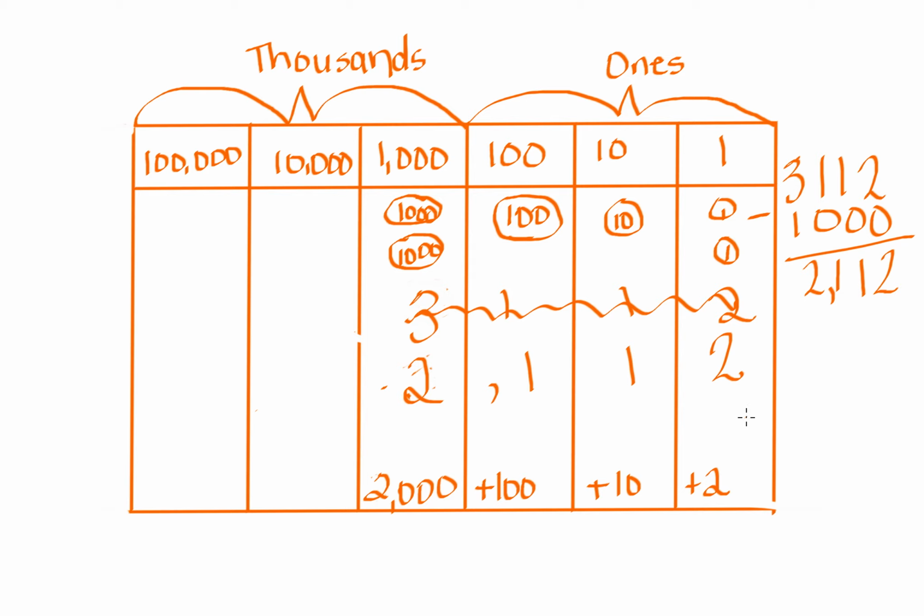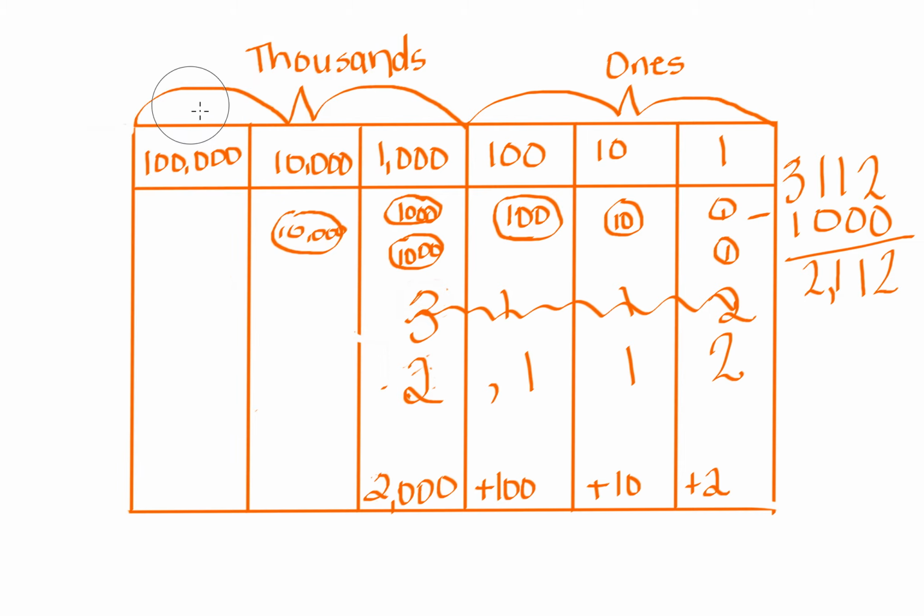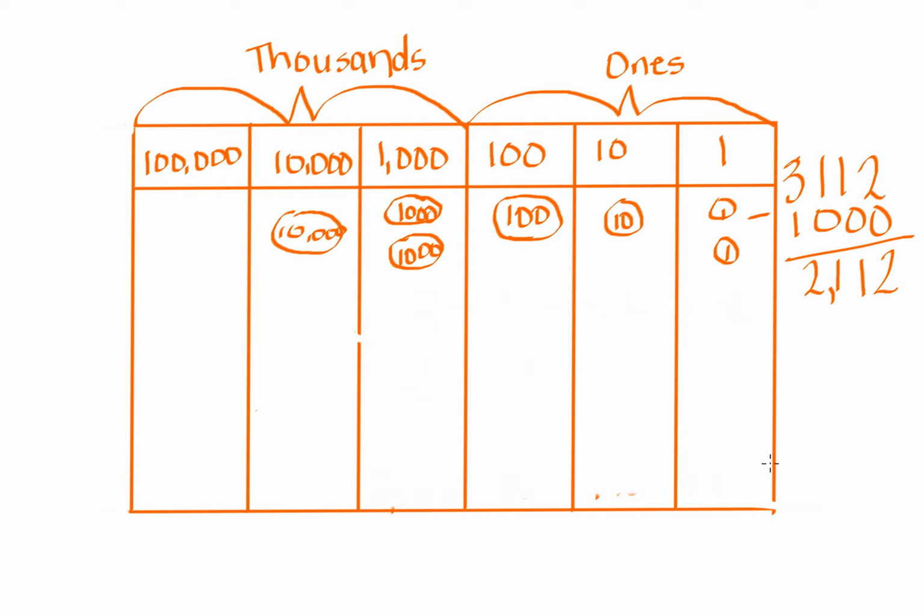All right, what if we took this number and we just put one 10,000 disc over here? Okay, so now, I gotta make this a little bigger, hold on. So now I've got erase.